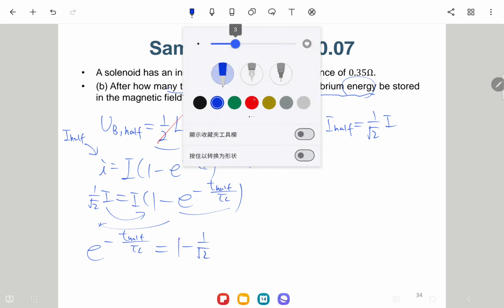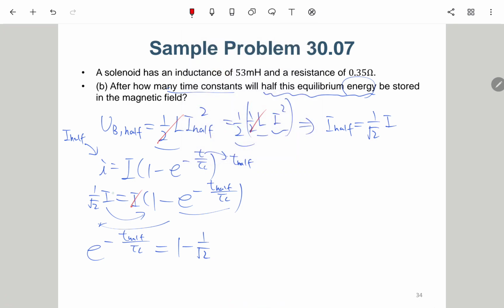Actually we can simply cancel this capital I, so we remain with this. Similarly, this is actually the square root of 2 minus 1 over root 2, and then we can take the reciprocal on both sides and then take the natural log on both sides.